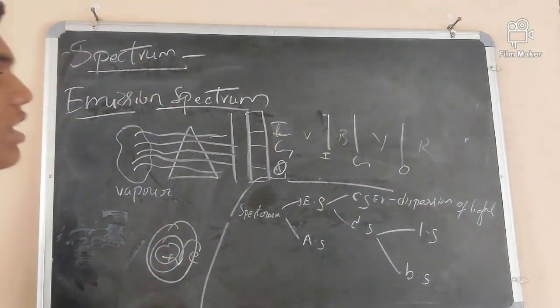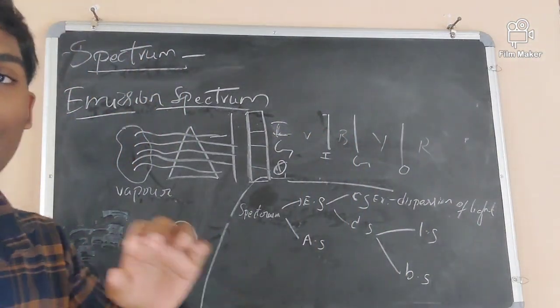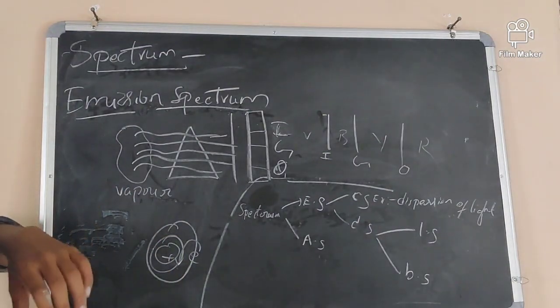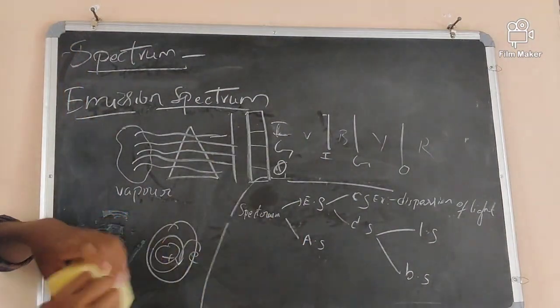So the VBYR is the dark background, and the IGO is the bright lines observed on the dark background. This is how the emission spectrum looks.